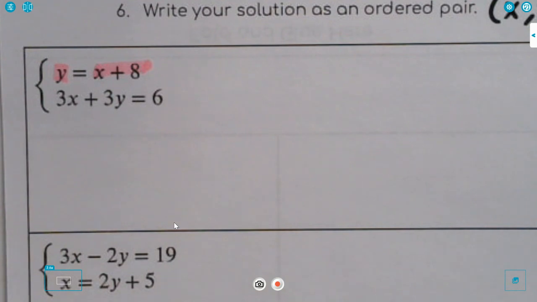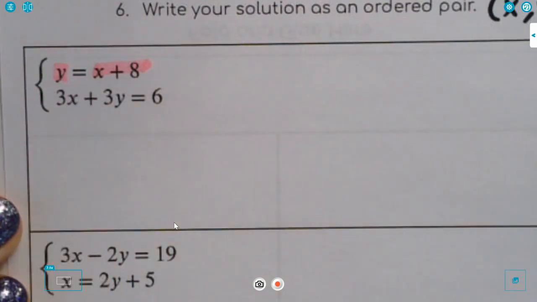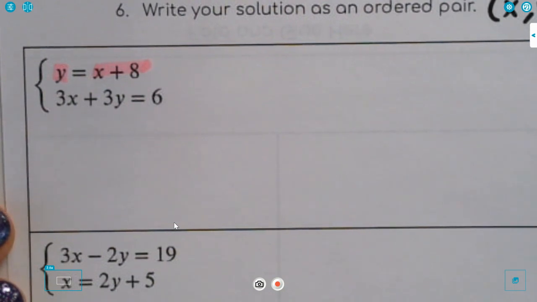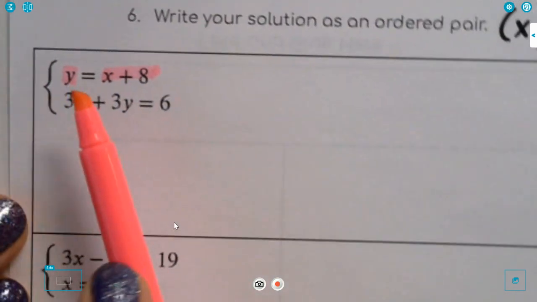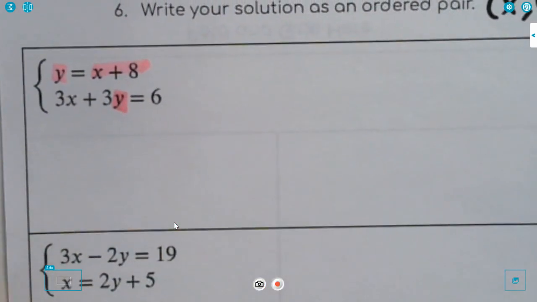Since that is already done, I am ready for step 2. Step 2 is to substitute the equation that's already solved for one of my variables into my other equation. You have to substitute it in for what it's solved for, though. So since this is y equals, right where the y is, I can put in the x plus 8.